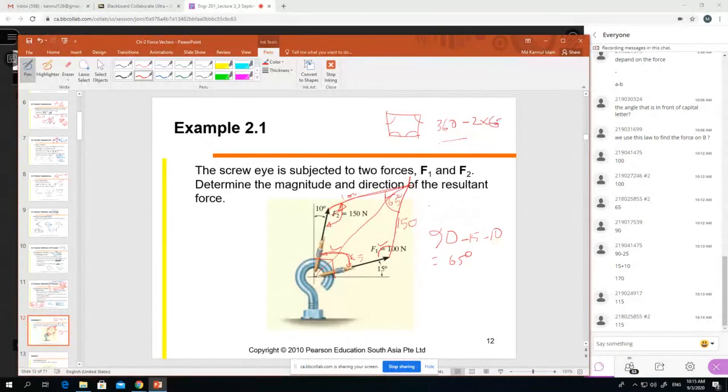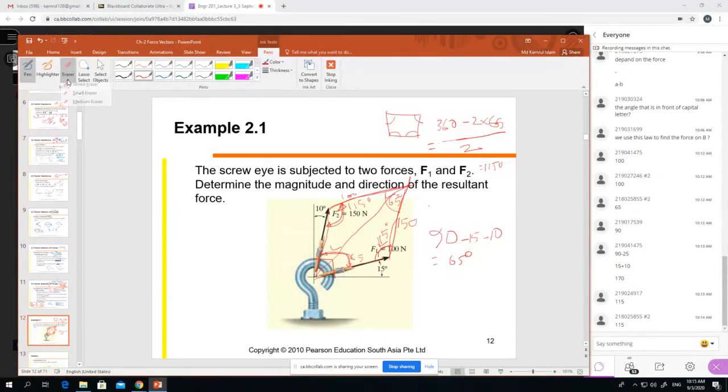Because we know this side and this side are equal, this angle and this angle must be equal, so we divide by 2 and get 115 degree. So this angle is 115 degree. Similarly, this angle also is 115 degree.